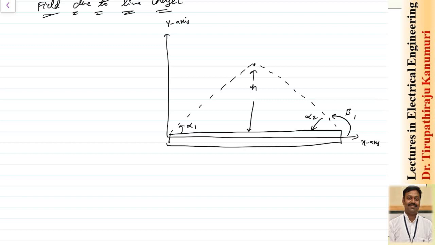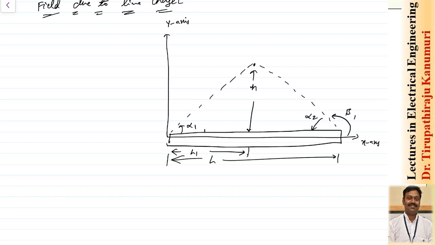Getting it? Let us assume the total length of your conductor is equal to L. This is my total length of the conductor up to this bisector. That means wherever the perpendicular line is drawn from the point, let us assume this length I am taking as L1.